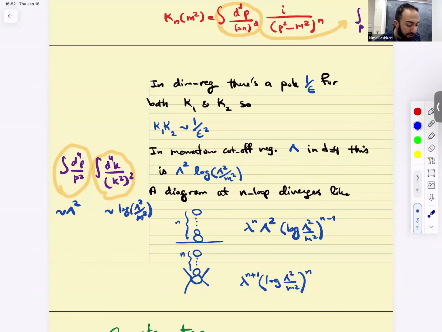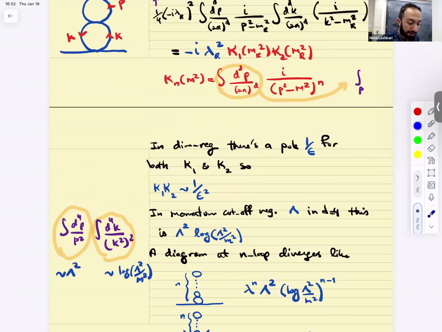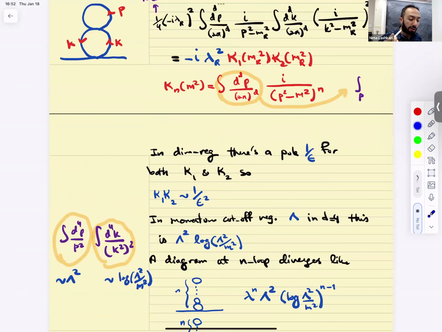So if you have an integral of this type that we had, where do the divergences come from? They come by dimension counting. This is the integral of d4p, and this is at large p. You want to focus on large p squared, so this is like 1 over p squared and d4p. So this bit grows like lambda squared. This is like d4k, but then 1 over k4, so this grows like log, right?